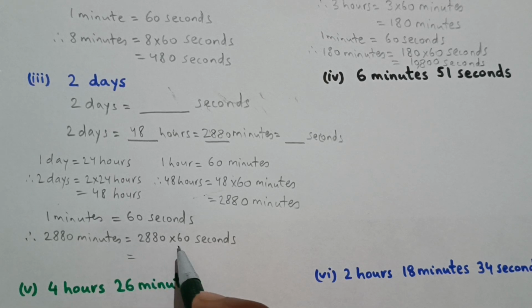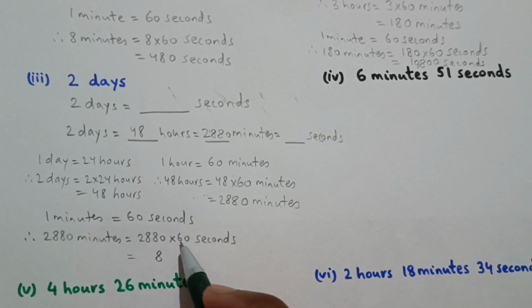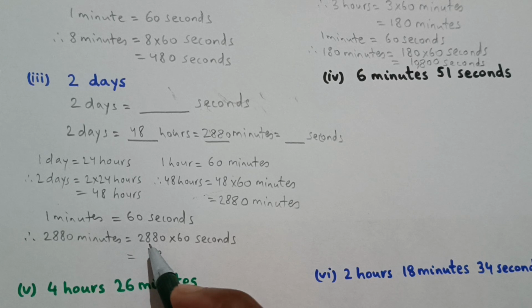So what is 288 into 6? 6 into 8 is 48, carry forward 4. 6 into 8 is 48, 48 plus 4 is 52, carry forward 5. 6 into 2 is 12, 12 plus 5 is 17.